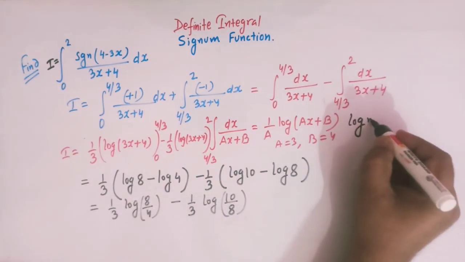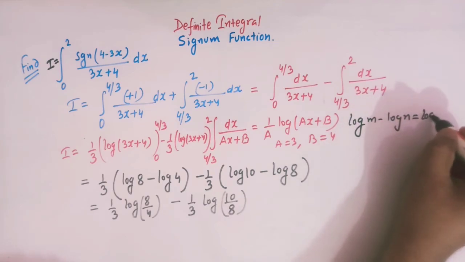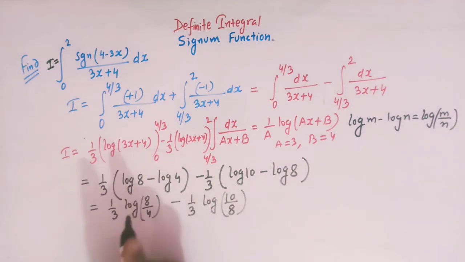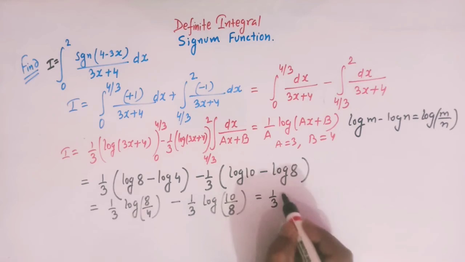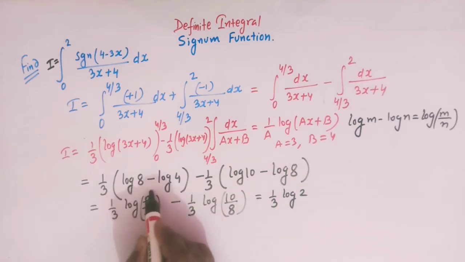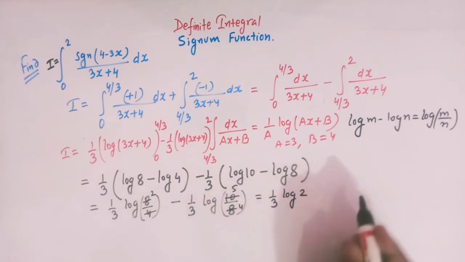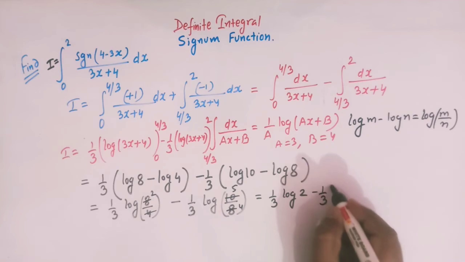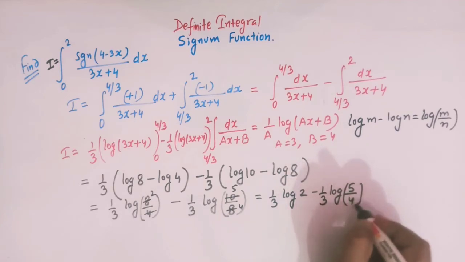So log of m minus log of n is equal to log of m over n, right? Now we can simplify it. 1 over 3 log of 2, because 4 2s are 8, and 2 5s are 10, 2 4s are 8, so we have minus 1 over 3 log of 5 over 4, right?